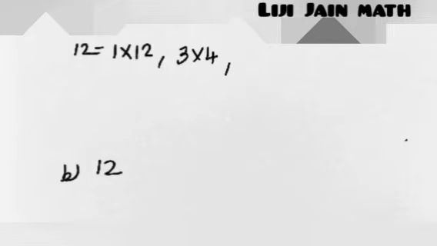Then what else? Anything else? Yes, 2 sixes are 12. So these are the possible ways to represent 12 as the product of two numbers, isn't it? So from this, can you say the factors of 12? 1, 12, 3, 4, 2 and 6 are the factors of 12, isn't it?